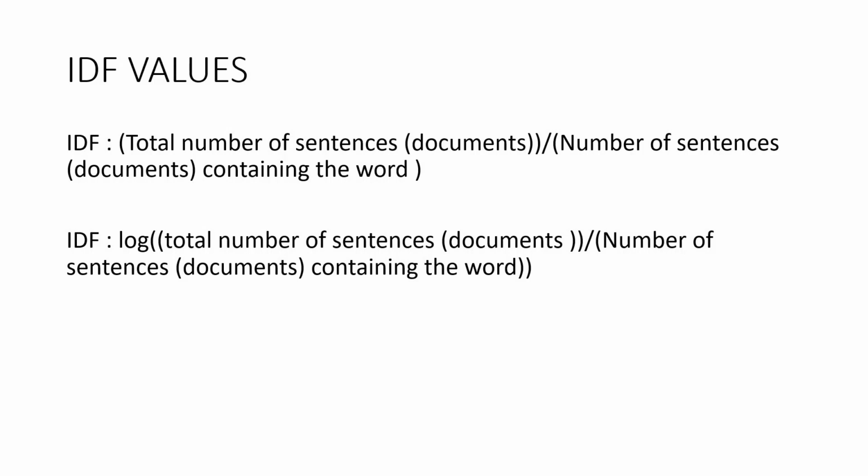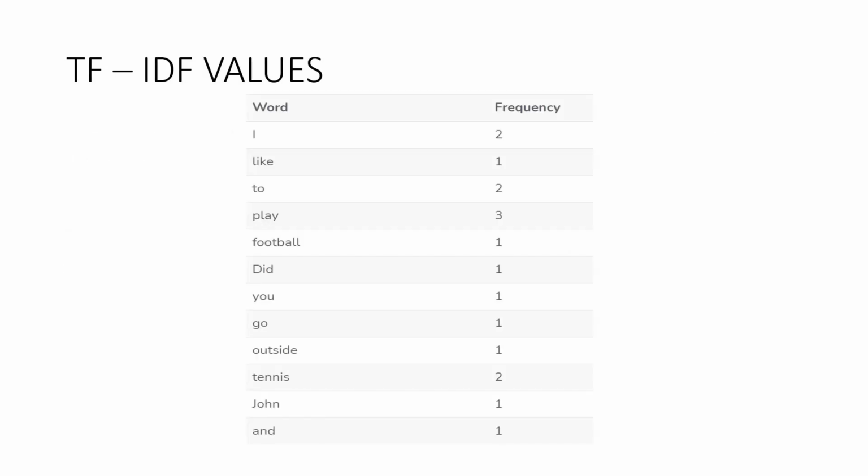To find the TF-IDF value, we first need to create a dictionary of word frequencies as shown here. This is the word frequencies. You can see word I frequency 2, like it's 1.